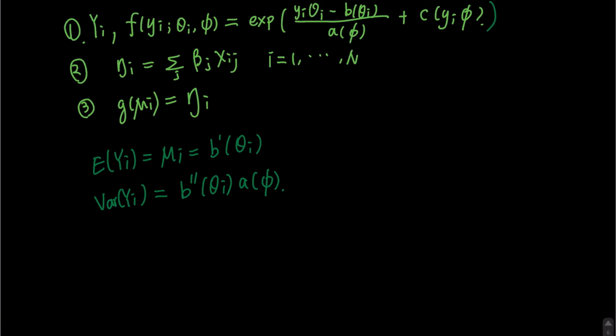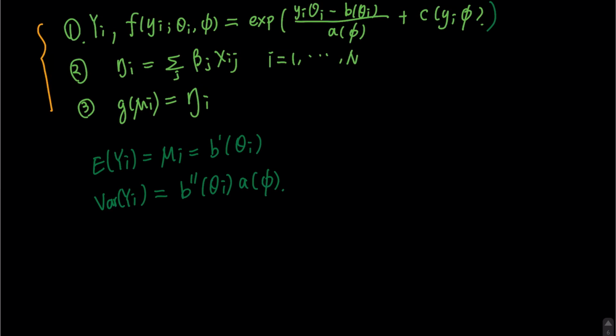Before we start our derivation on this beta, let's look at some of the facts that we've covered in the previous two videos. So the first one is the three components in a GLM model. You have your random part, which are independent yi's, i from 1 all the way to n.